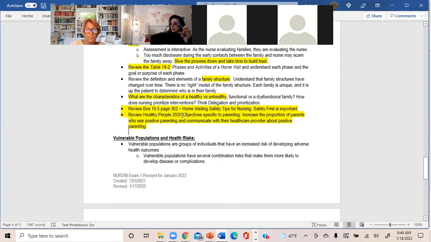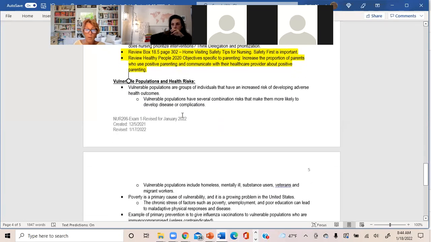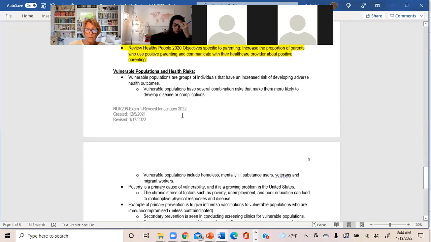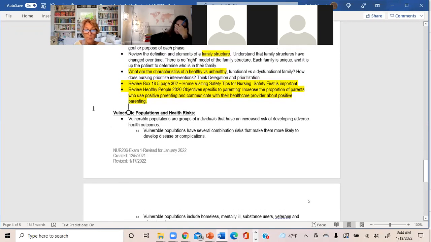So, I think this is our last section, vulnerable populations and health risks. Vulnerable populations are groups of individuals that have increased risk of developing adverse outcomes. We talked about this.